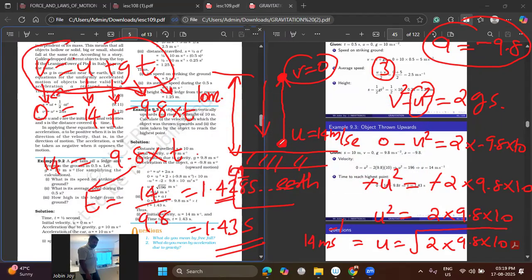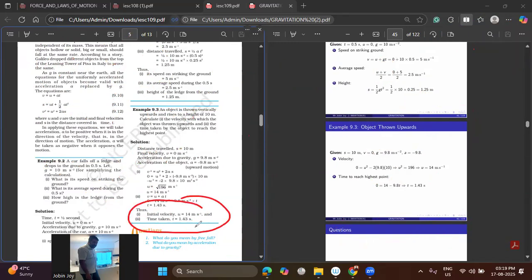When you throw an object with an initial velocity of 14 meter per second, after about 1.43 seconds it will reach the highest point, and then it will fall back to the Earth's surface because of the acceleration due to gravity. So the time taken is 1.43 seconds.